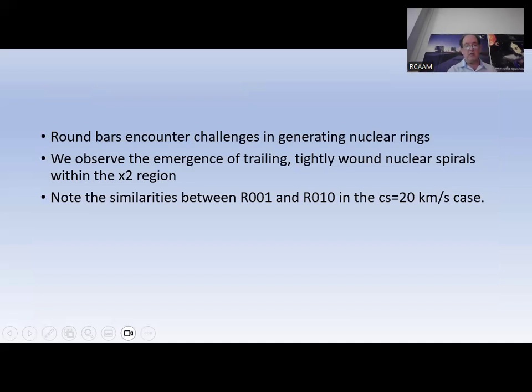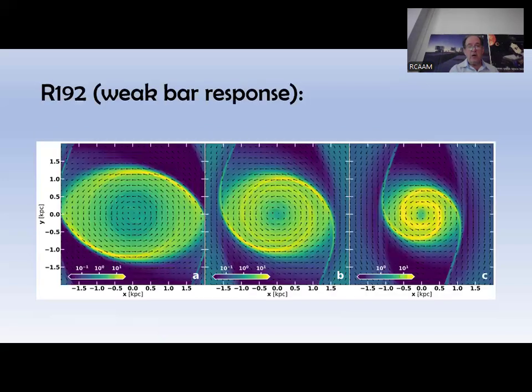This is what I told you. Again, just remember that when we go to 20 kilometers per second, the response changes. So we have two that are to some degree similar, the 2 and 10 kilometers per second responses, not exactly the same, of course, but much more similar between them than what we find when we have the warm case. Okay.